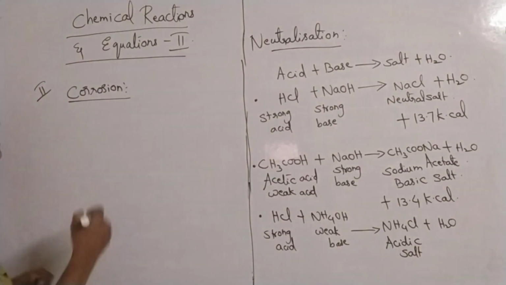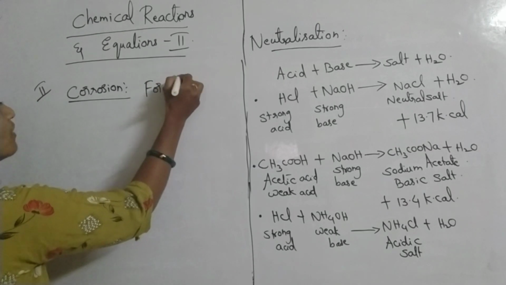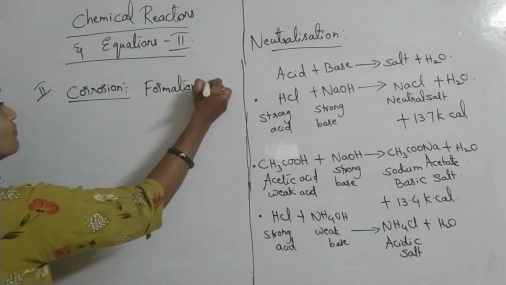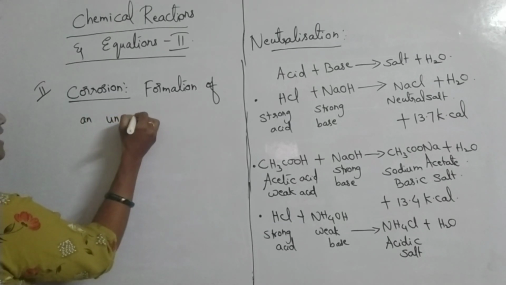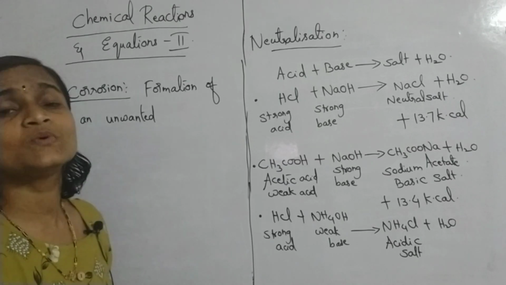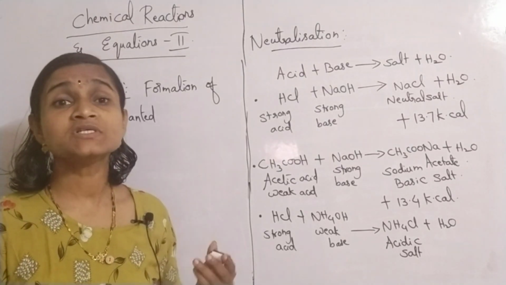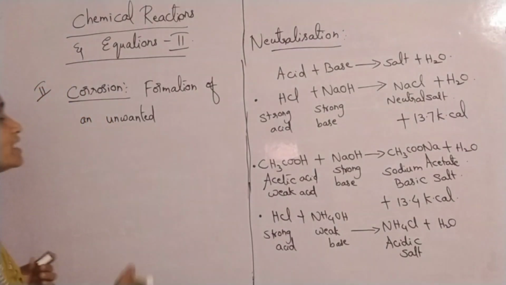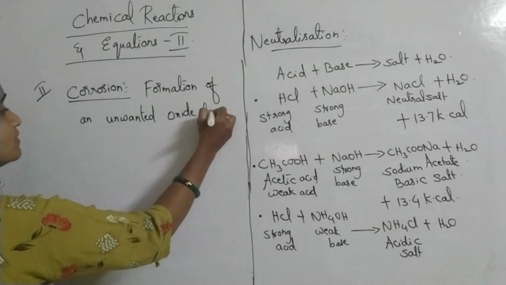So corrosion reaction means formation of an unwanted oxide layer. Or you can even define it as eating away of metals by atmospheric oxygen is called corrosion. Unwanted here means oxide layer.